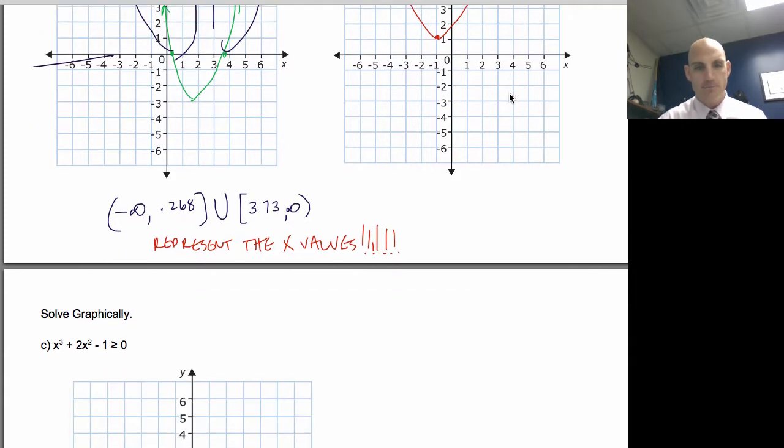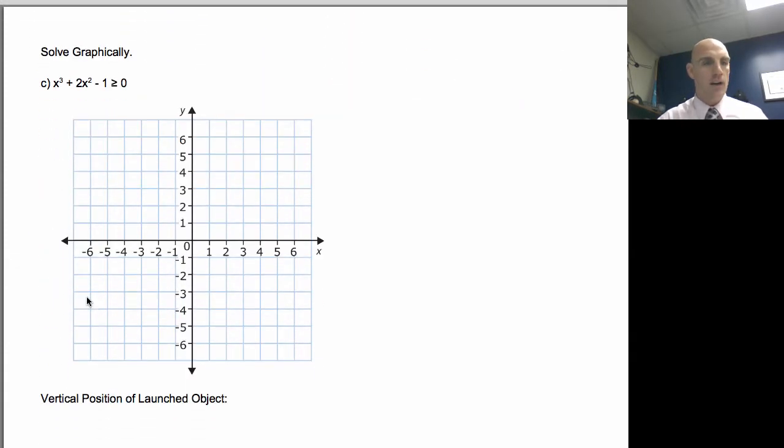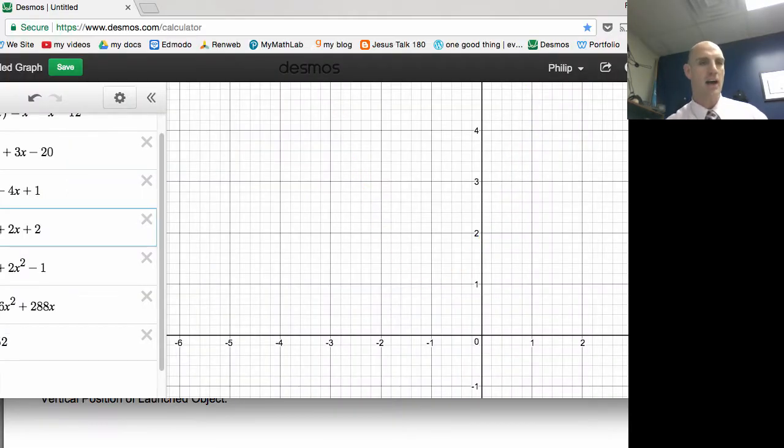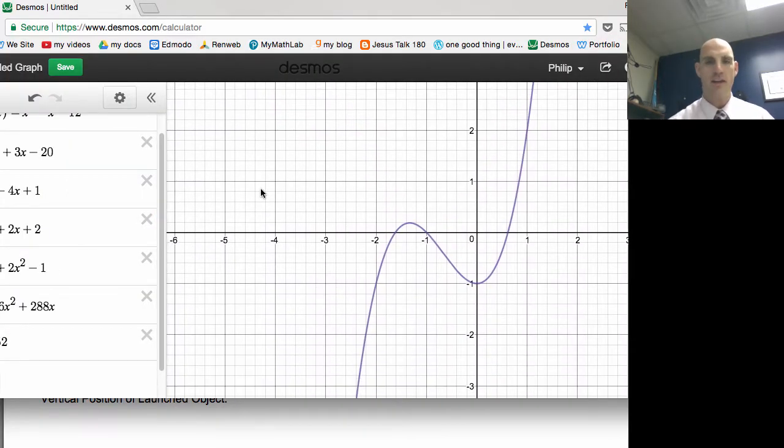Okay, here we go. One more graph. Here's a cubic. It doesn't matter, folks. It does not matter. Check this out. Here's the graph of that cubic. I'm still looking for zeros.